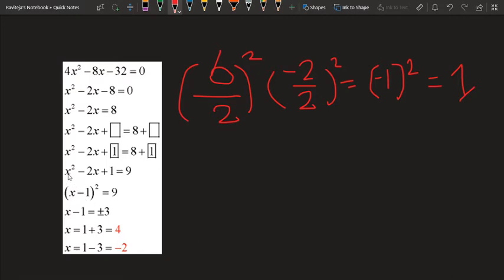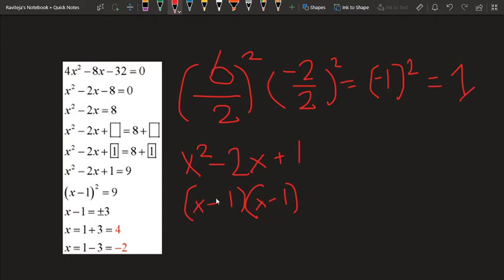Now, how do we get from x squared minus 2x plus 1 to x minus 1 squared? Well, you just factor. As you can see, if we have x squared minus 2x plus 1, we can just factor that into x minus 1 times x minus 1. And after doing that, you can see that these are the two same terms.